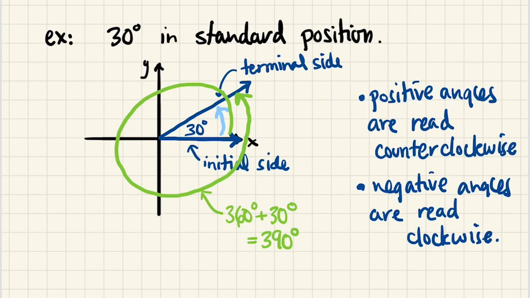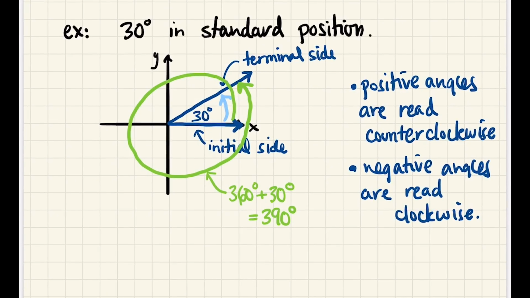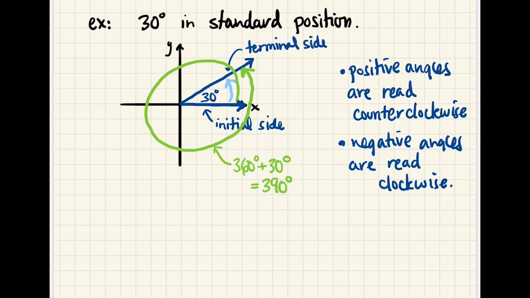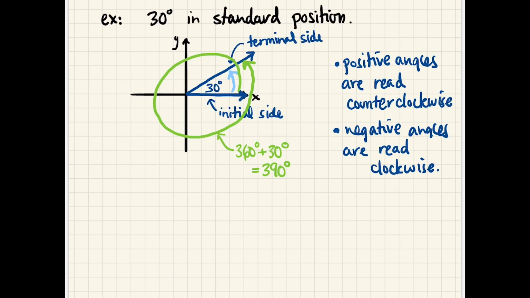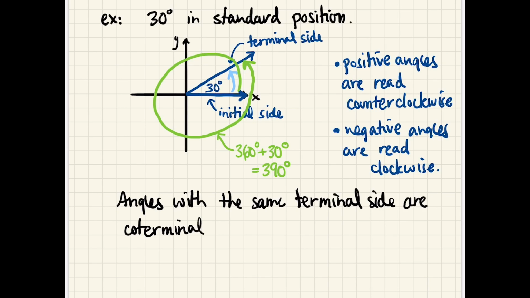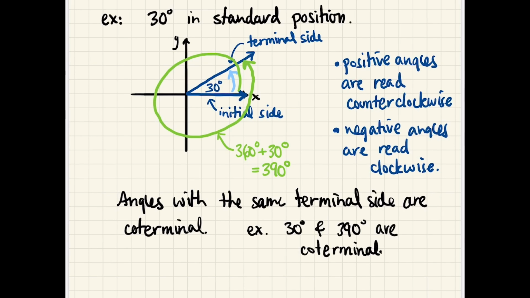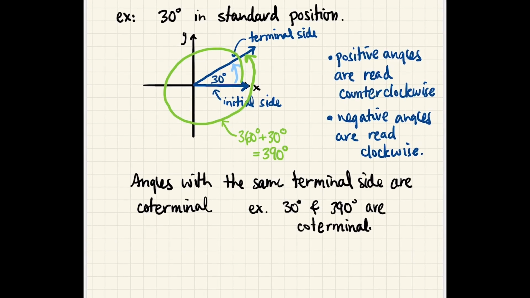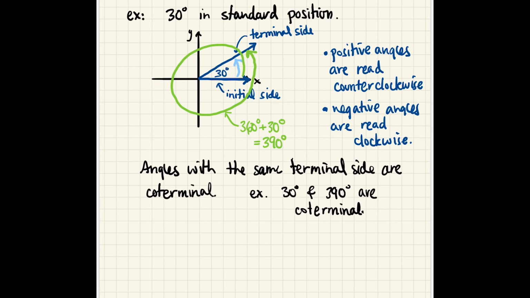Okay, in that situation, we would say that 30 degrees and 390 degrees are coterminal. Coterminal angles always differ by a multiple of 360 degrees.